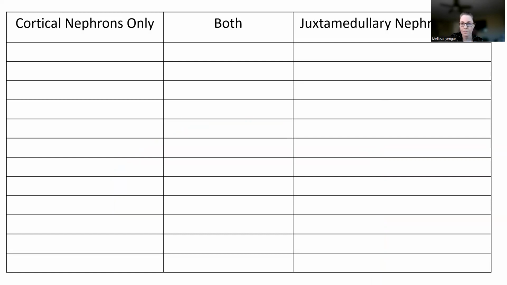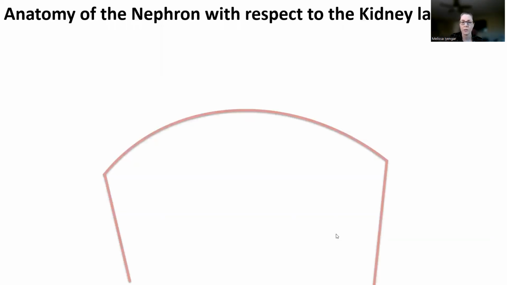I'm not going to fill out this chart. I'm going to let you fill it out. There might not be all these things that you can fill out. I just created a whole bunch of lines essentially. But as you draw a cortical nephron and a juxtamedullary nephron, think about what are some things that are the same and what are some things that are different?